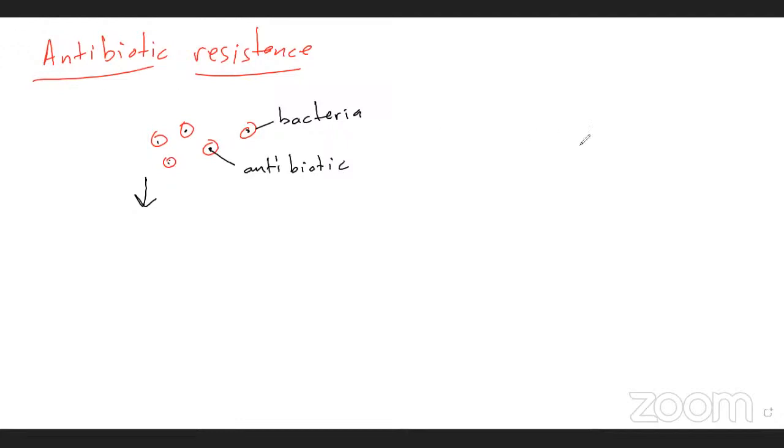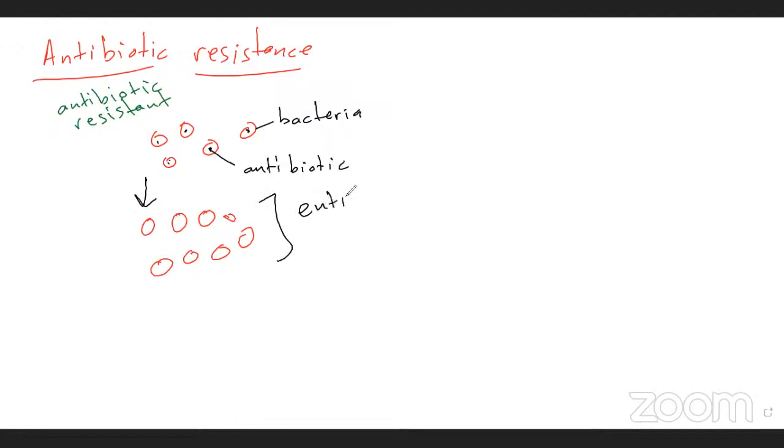So these bacteria that did not die are antibiotic resistant, and any bacteria that is made will be antibiotic resistant. And so what you will have is an entire generation of bacteria that is what? Resistant.